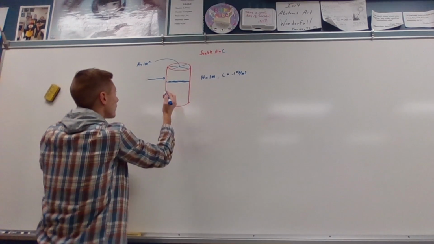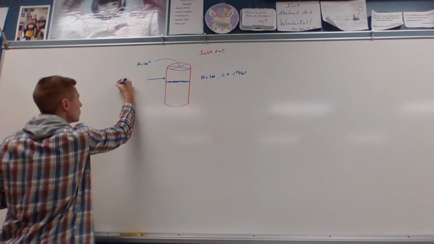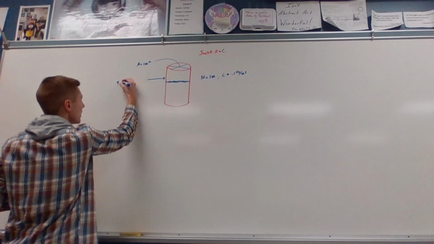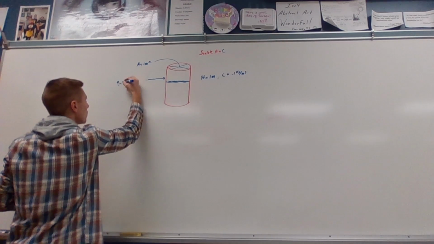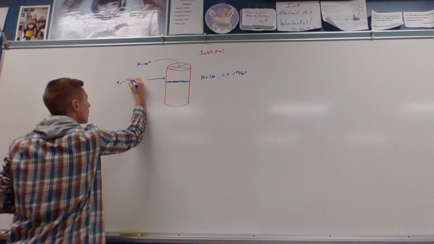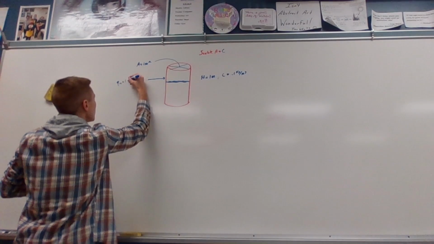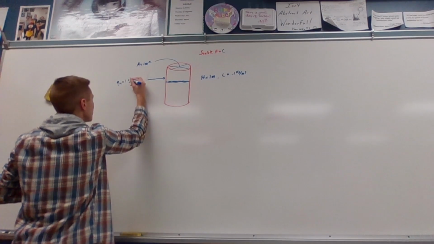There's some sort of flow rate coming into it. We can say the flow rate is in terms of Q. So the Q in, or flow rate in, is equal to 1 meter cubed per second.